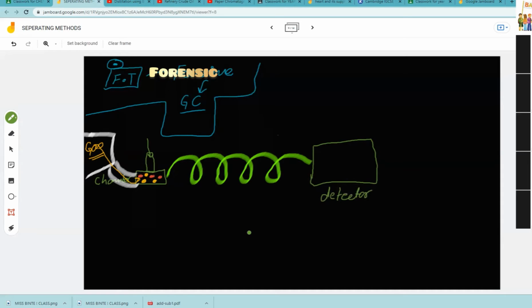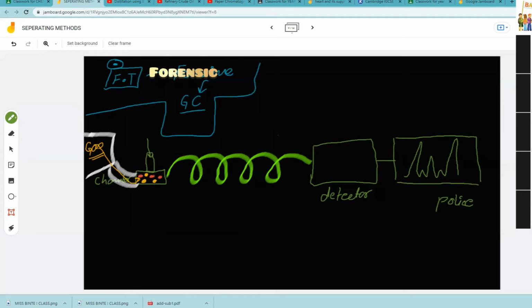This detector will see which gas will come and hit the detector first, and then this detector is attached to a chromatogram, which will give us results in the form of a graph and peaks like that. And this, police will read and find the culprit.